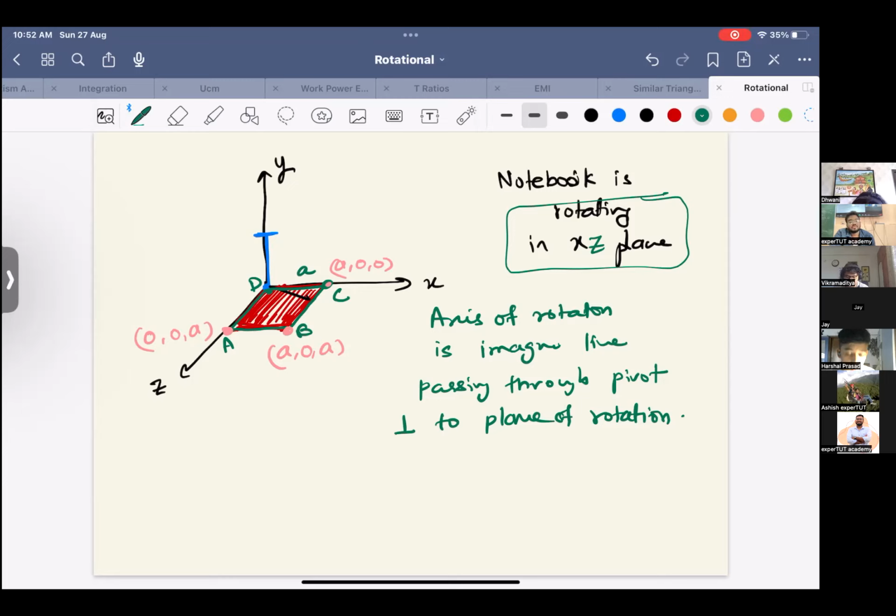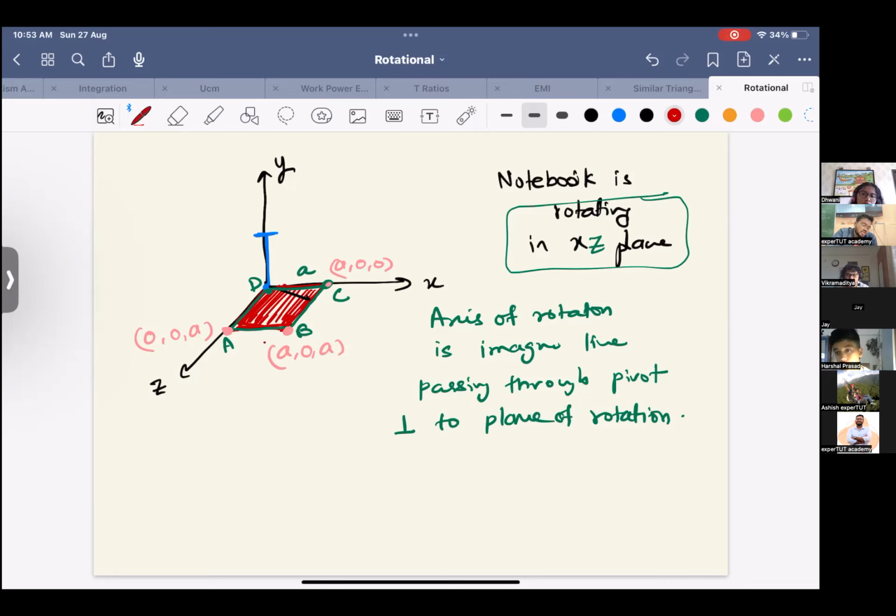Now describe the motion of point C. Yes, good. What kind of motion is it undergoing? Rotation again, and is there a simpler name you have studied before? Circular, yes. I haven't yet said that it is rotating with constant omega. If I say it is rotating with constant angular omega, then point C will do UCM. If this notebook is rotating with constant omega, everyone knows omega, angular velocity.